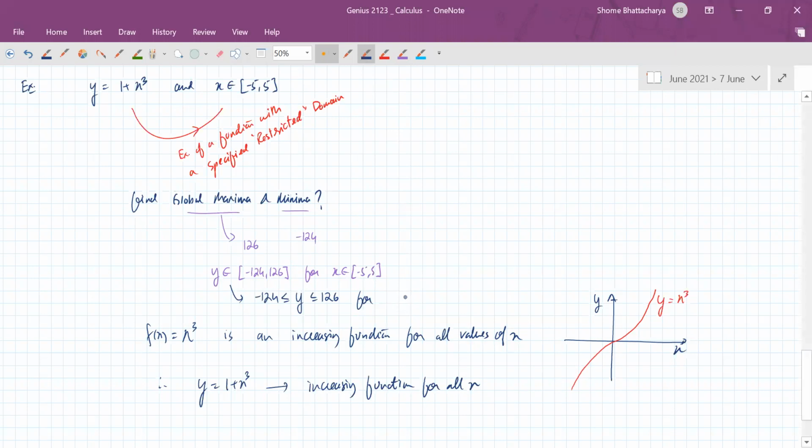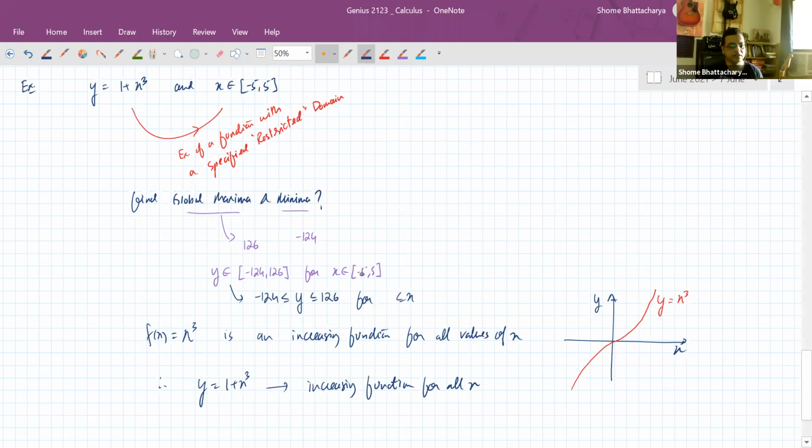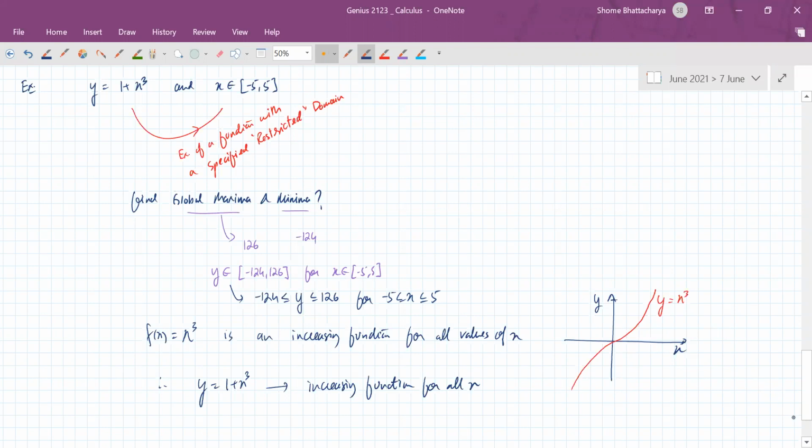So another way of writing this above statement is that if I take a restricted domain where x is in between minus 5 and 5, inclusive of minus 5 and 5, then y will become restricted in between minus 124 and 126, inclusive of all the terms.